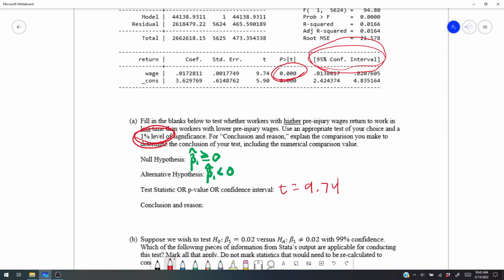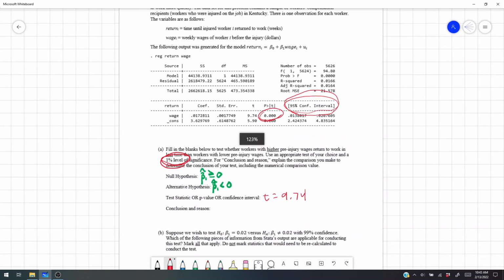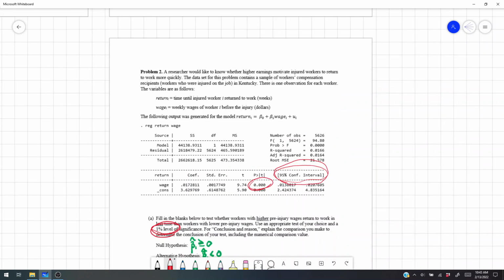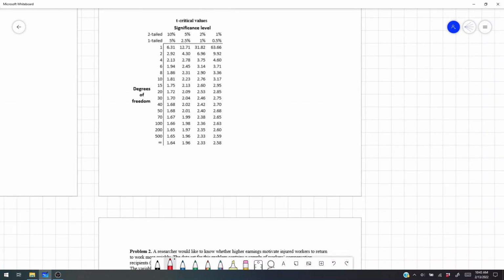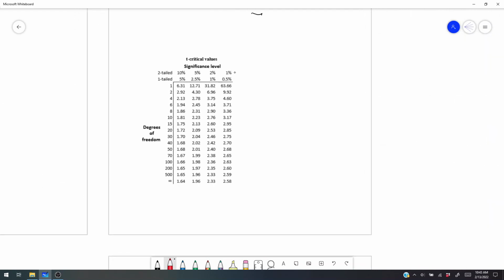Well, I need critical values for the t-stat. How many degrees of freedom do I have? 5,626, estimate two things, so 5,624. Oh my goodness, that's a lot of degrees of freedom. 5,000 degrees of freedom. So I'll go back up to here. I want to test this at the 1% level of significance. I want it to be one-tailed, so this column, 1% significance, one-tailed, degrees of freedom, 5,000. It sounds like my critical value should be 2.33.